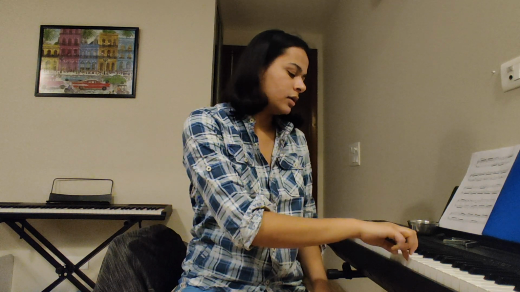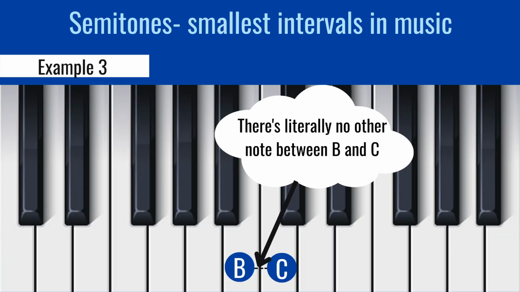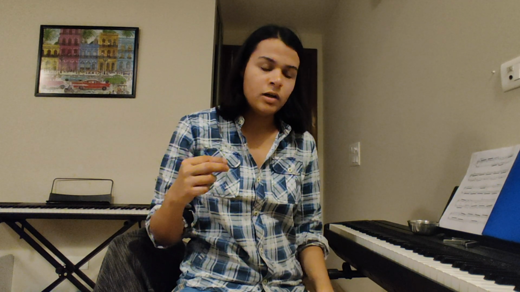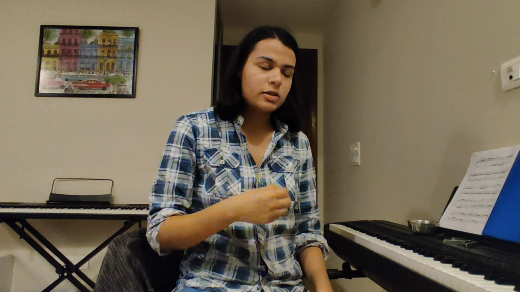So, in the case of B and C, there is literally no other note between B and C. B and C are as close as it gets, which is why they are a good example of the smallest interval in music. Now, an example of the smallest interval could be anything.